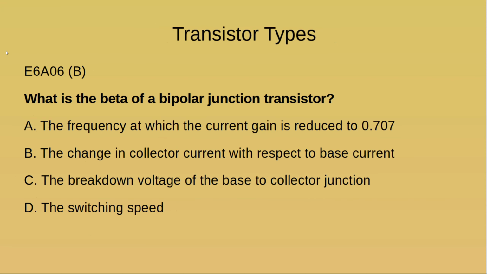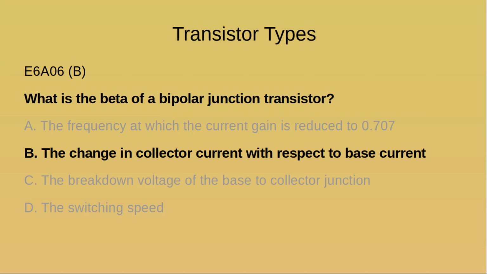So what is the beta, which is also called HFE, of a bipolar junction transistor? B. It changes the collector current with respect to base, or the ratio of collector to base current.